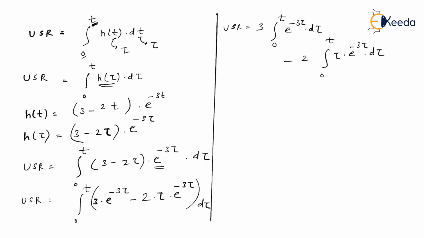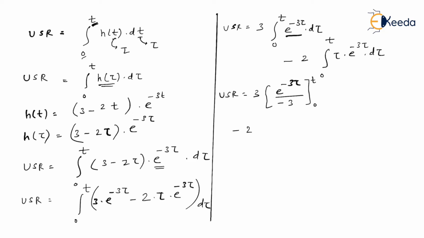Is that right? So unit step response is equal to 3 times the integration of e to the power minus 3 tau, which is e to the power minus 3 tau divided by the coefficient of tau, which is minus 3, with lower limit 0 and upper limit t, minus 2.